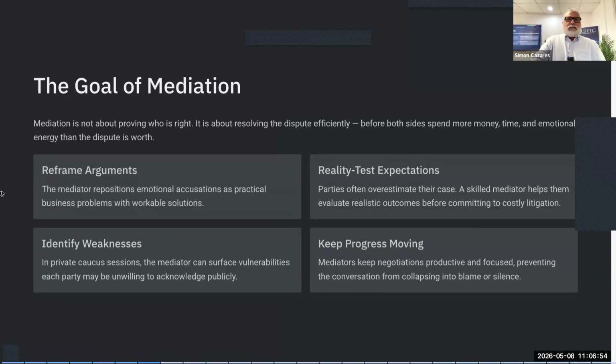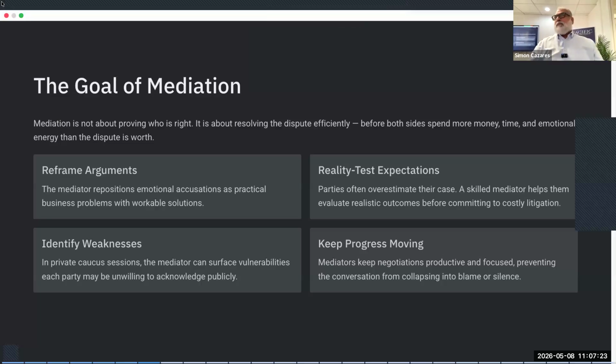The mediator's responsibility is to defuse emotional accusation as part of the process and navigate a workable solution. Identifying the weakness, right? In private conversations, the mediator can surface vulnerable positions with each party, to find what they're unwilling to acknowledge, something we can use as a position to help navigate the outcome.